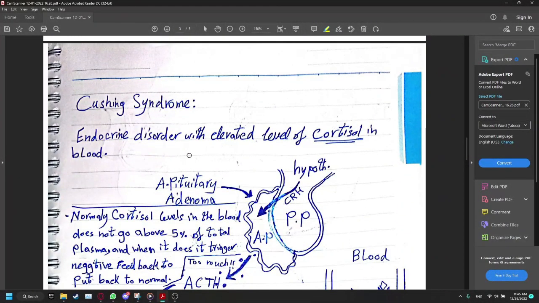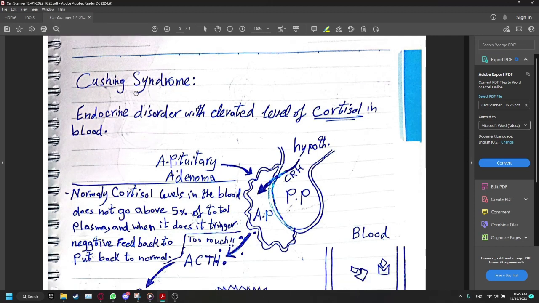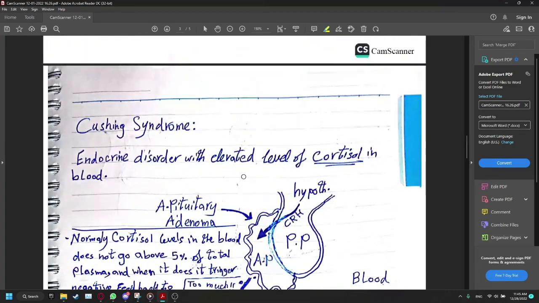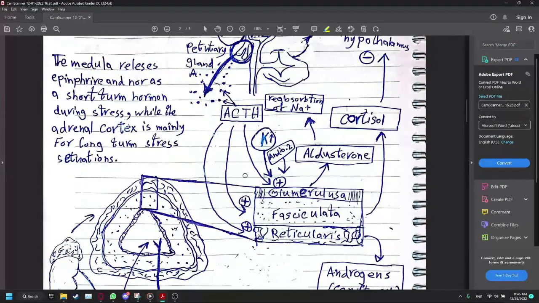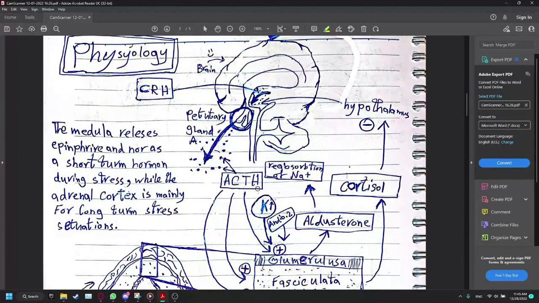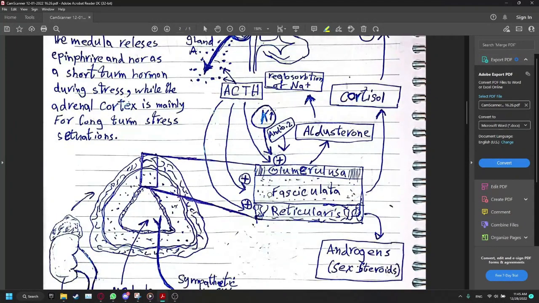We might talk about it a little more in the pathology, but let's start with Cushing syndrome. What is Cushing syndrome? Cushing syndrome is an endocrine disorder with elevated levels of cortisol in the blood. Why would you have high levels of cortisol?